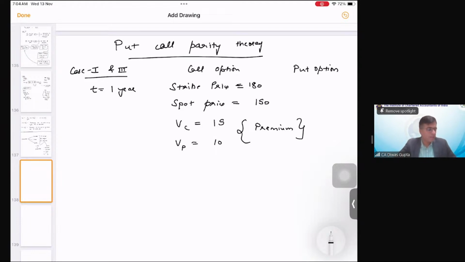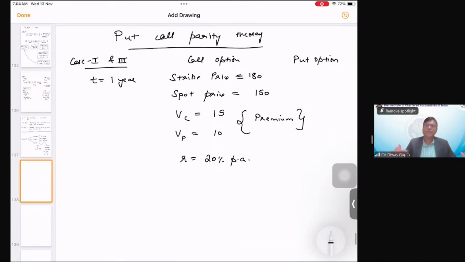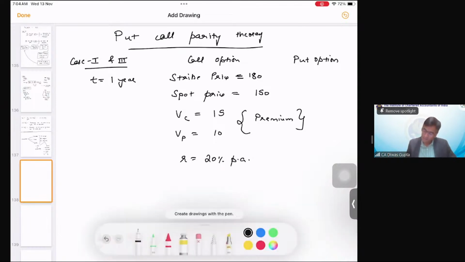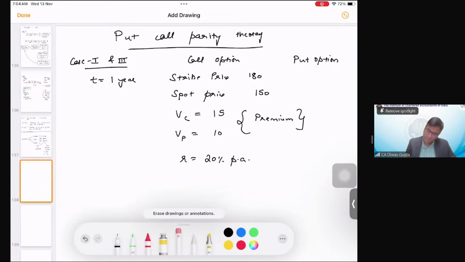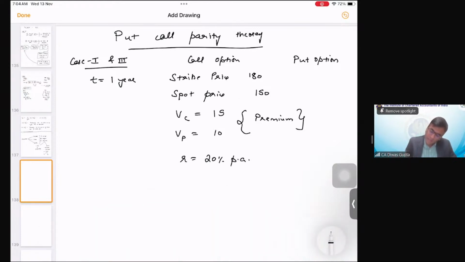This is the pricing of the option. And the rate of return is, let's say, 20% per annum. Okay, so this is some information that we would like to make use of while we discuss the put call parity theory.